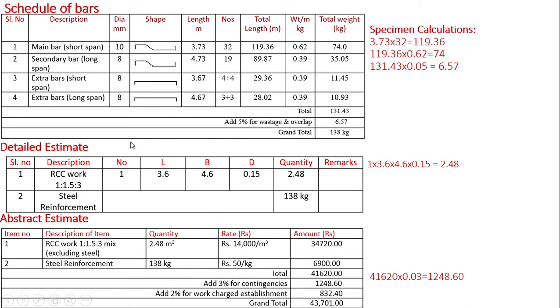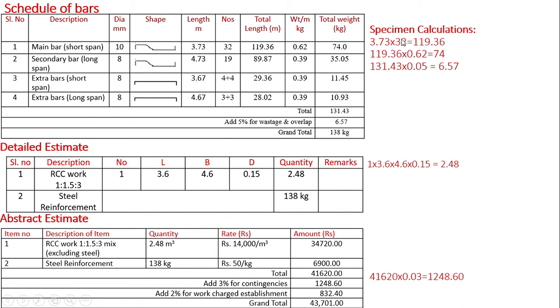Coming to the schedule of bars, you can find that there are 4 sets of bars and their diameters, shape of bar, length and numbers as per the calculation in the previous slide are entered in the table. Specimen calculation is also shown here.